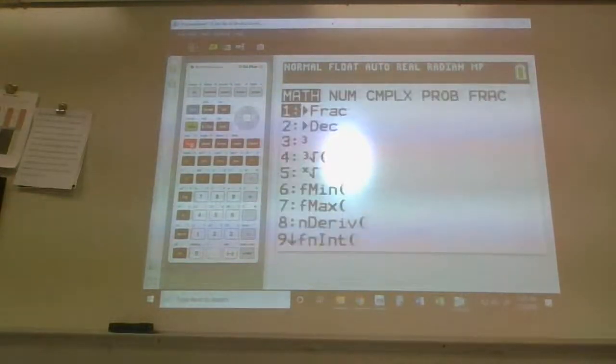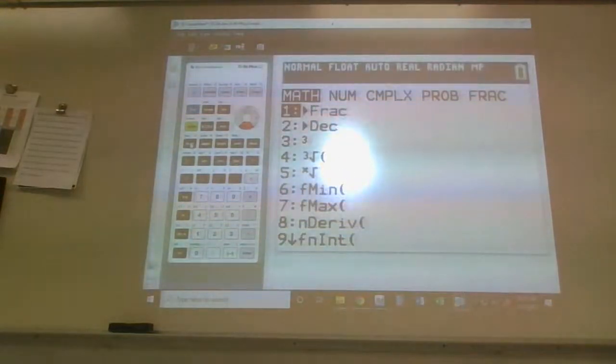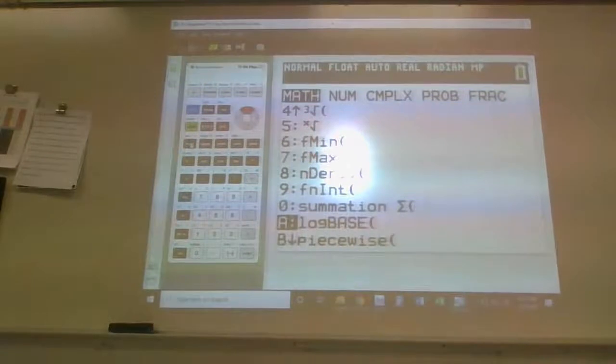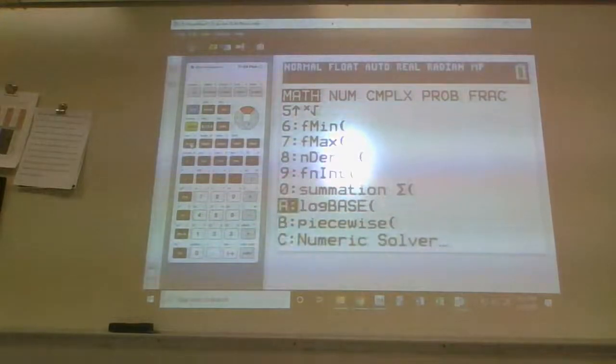If you hit math, under that first option there, frac, decimal, cube root, x root, I don't care about any of that. There's a function called log base. Now here's the thing. These TI-83 calculators don't have it.